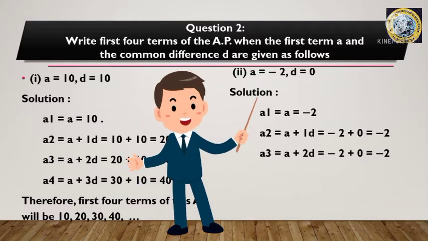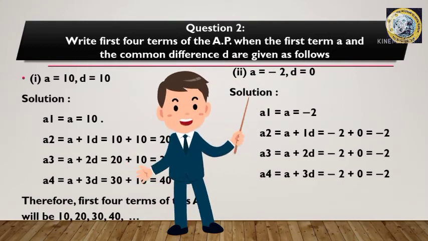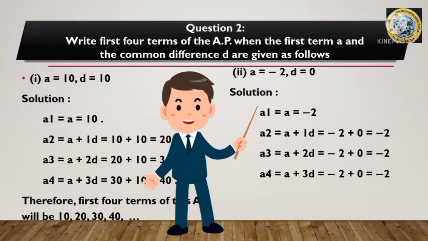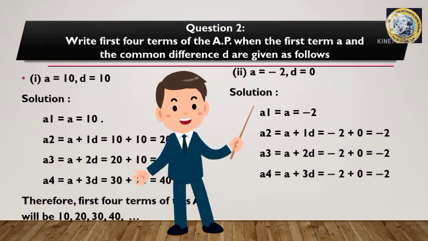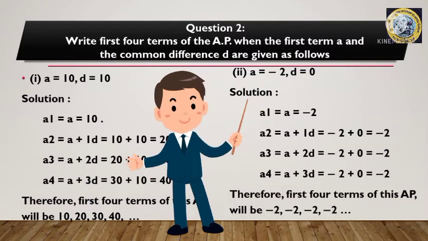Similarly, A3 is equal to A plus 2D, which is minus 2 plus 2 zeros are 0. So minus 2 plus 0 is equal to minus 2. A4 is equal to A plus 3D, which is minus 2 plus 0 is equal to minus 2. Therefore, the first 4 terms of this arithmetic progression will be minus 2, minus 2, minus 2, minus 2, and so on, which is the required answer.